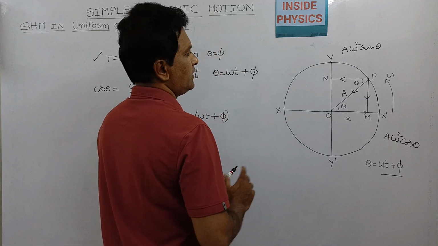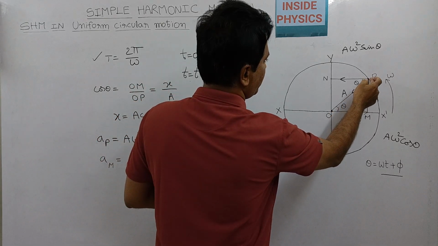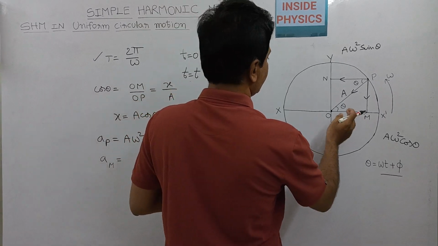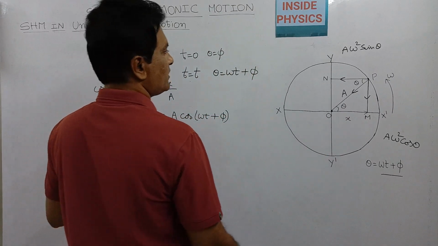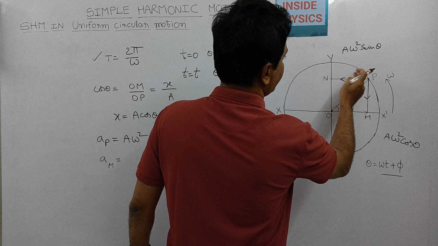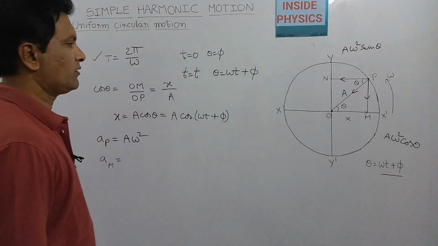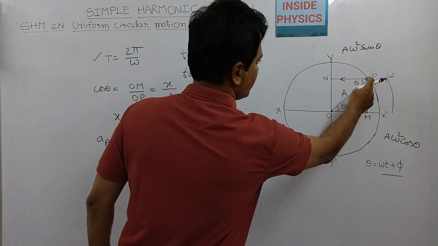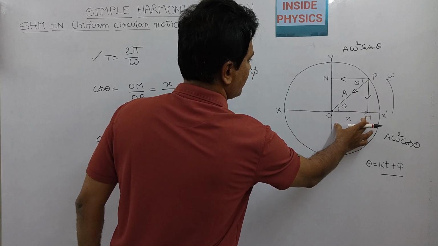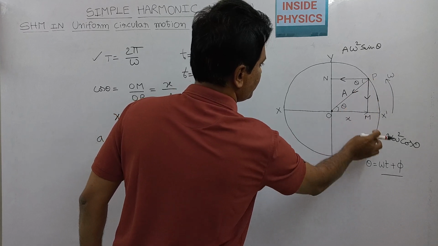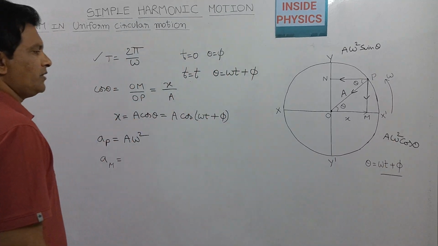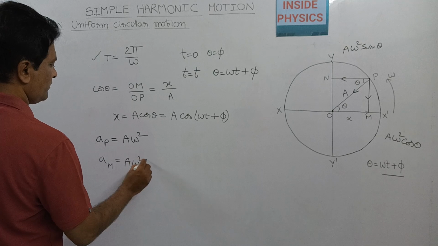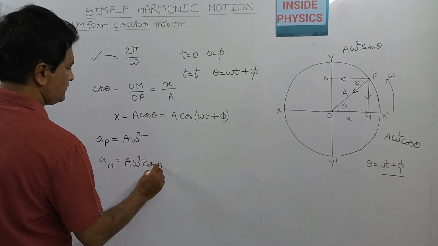So the centripetal acceleration of the particle is directed towards the center of the circle and is divided into two components. Along this direction, the acceleration of the projection Pm is A omega square cos theta.